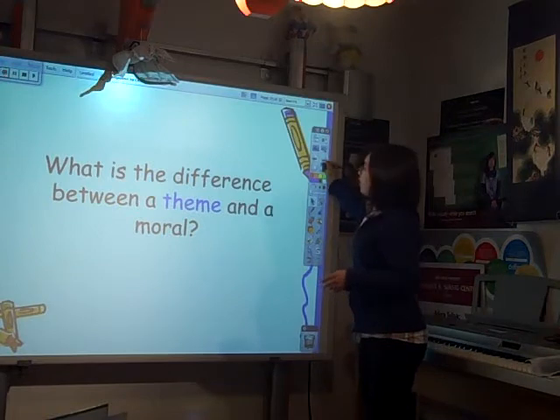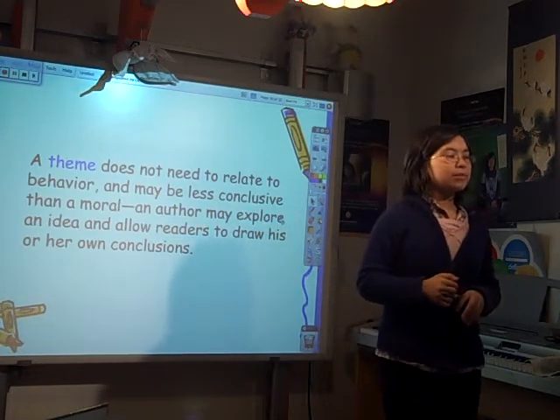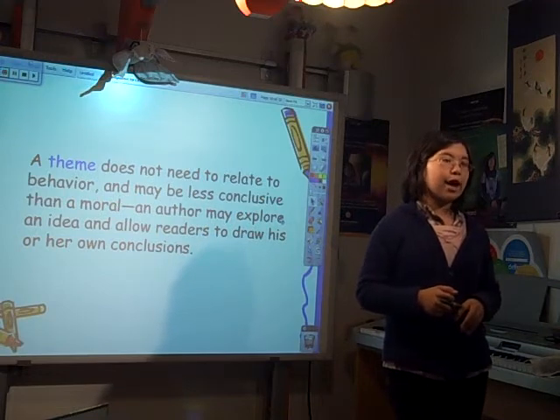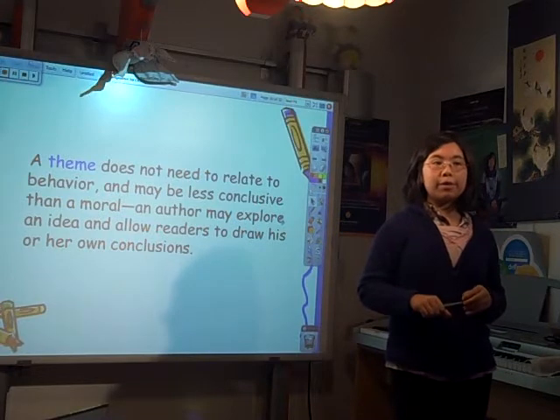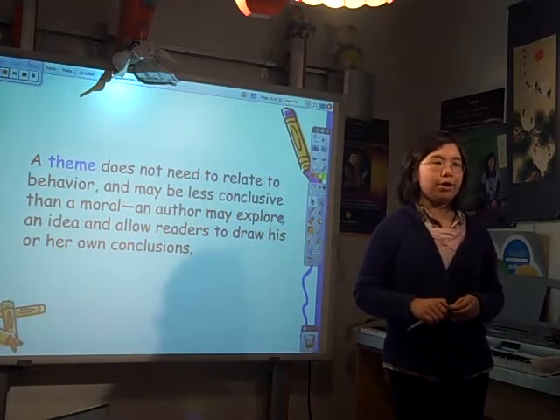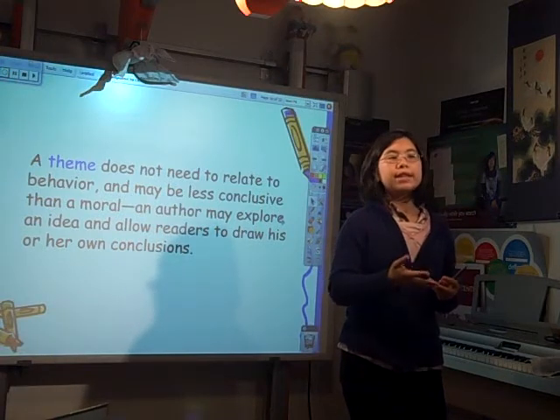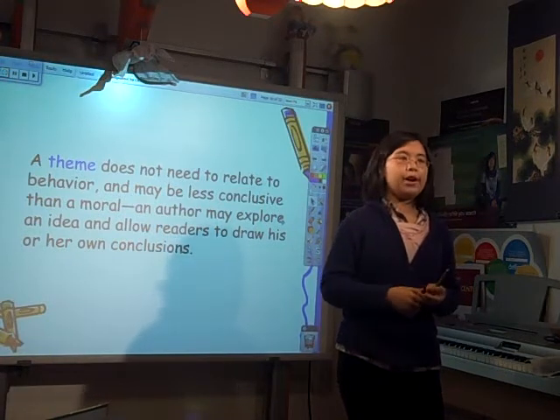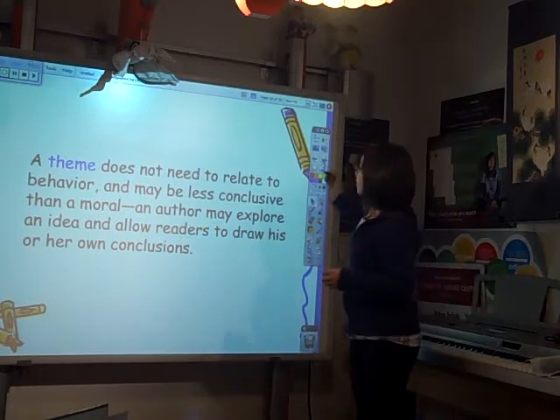A theme does not need to relate to behavior and may be less conclusive than a moral. So, an author might explore the idea and allow readers to draw their own conclusions. That's another difference. The moral might tell you what to think. The theme might allow you to form your opinion about it. And obviously this varies over lots of different books.